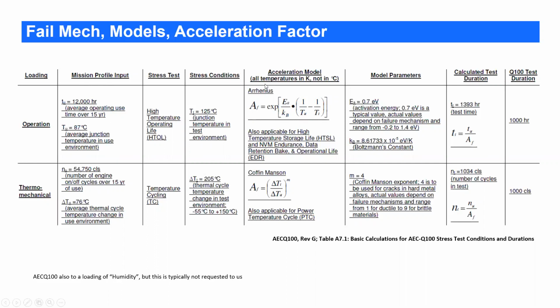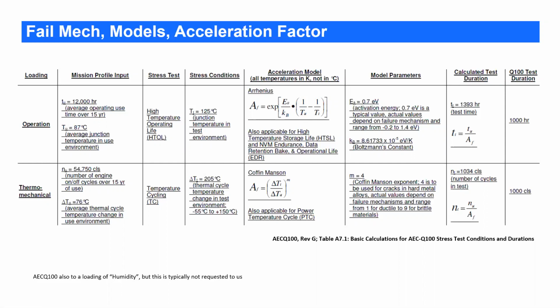Over here, this equation is also known as the Arrhenius equation or the Arrhenius model. And Mr. Arrhenius, more than 100 years ago, maybe 150 years ago, found out how material can age over time, and how that happens is expressed with this formula.